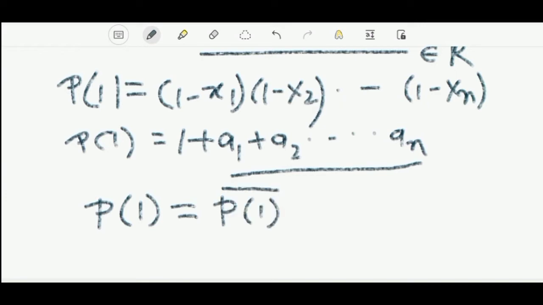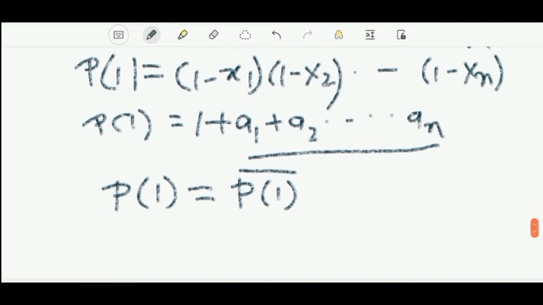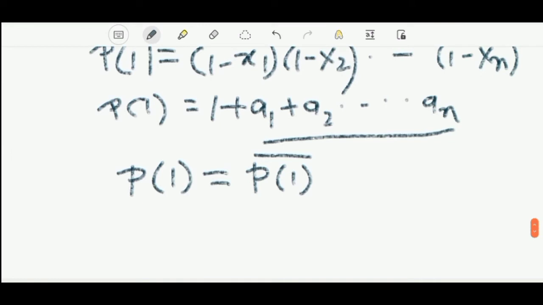This is the conjugate of p of 1, and we know in complex numbers, if we take the bar of any real number, then it would be equal to itself. So this is the condition when p of 1 is real.